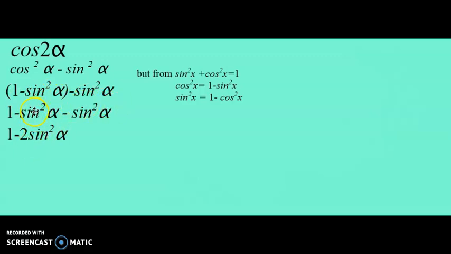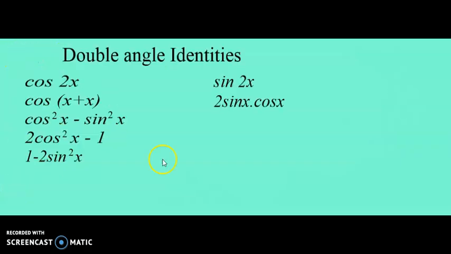So that means we have minus 2 sine square alpha. So 1 minus 2 sine square alpha is equal to cos 2 alpha. And that shows us where these three derivations, including that one, come from in the double angle identities.